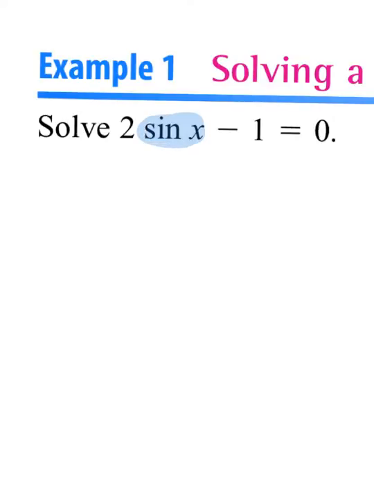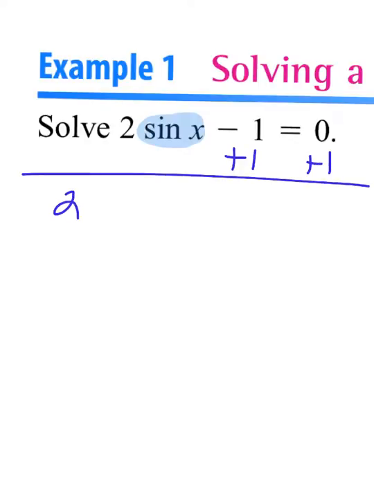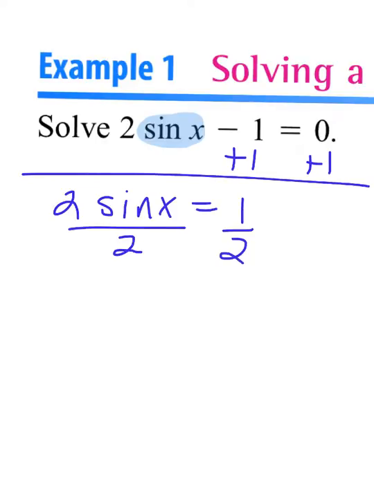Everybody with me? So to get sine of x by itself, what's the first thing I would do? I'd add 1 to both sides. So I have 2 times the sine of x equals 1. And then divide by 2. So I have sine x equals 1/2.